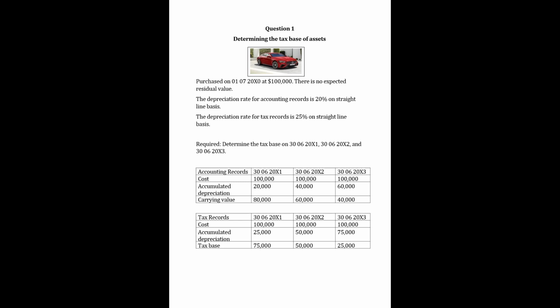And in X3 carrying value is 40,000, and the tax base is 25,000. In all 3 years, the carrying value and the tax base are not equal. When it is not equal, there is a difference, and that difference is called a taxable difference.